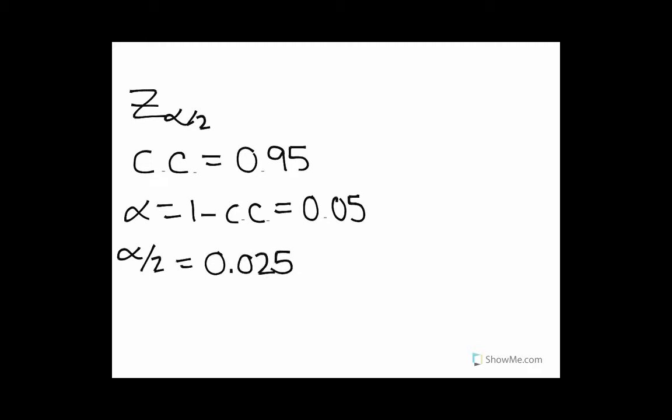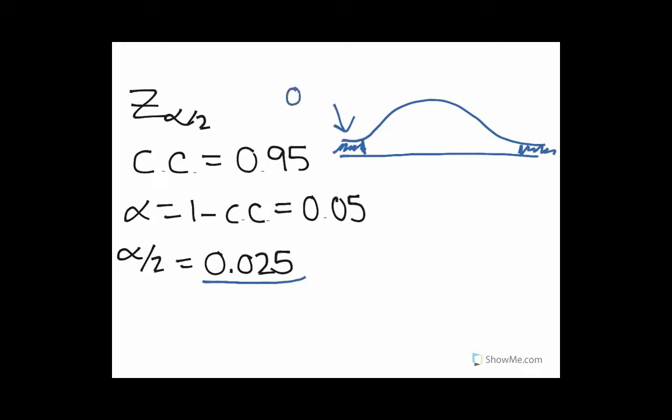Now the way you find your critical z-score given your alpha is by looking at the z-table. We need to find this probability of 0.025 on the z-table, which will work if you have a table of negative z-scores. If you don't have a table of negative z-scores and you just have positive z-scores, then our z distribution looks like this. We have 0.025 on either side because that's our alpha over 2.